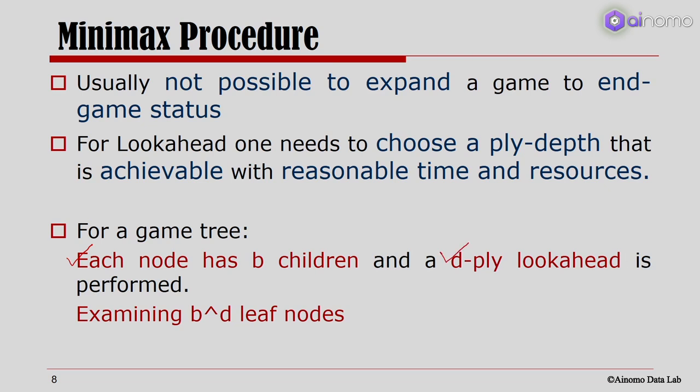That means we are trying to go to some level d. That would require that we examine b to the power d leaf nodes. Can we have ways and means of reducing this, because this is a huge search space? So can we somehow reduce this space?